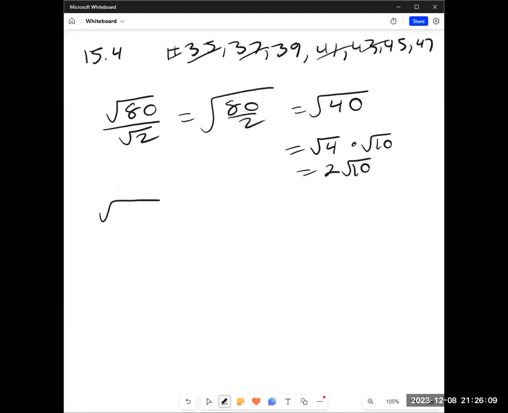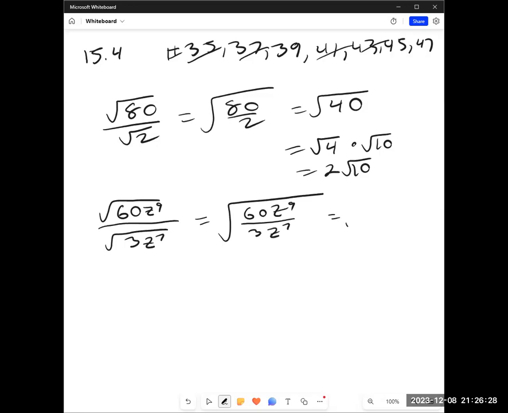Now we have root 60z to the 9th divided by root 3z to the 7th. Big square root, 60z to the 9th in the numerator, 3z to the 7th in the denominator, is the square root of 20z to the 2nd.